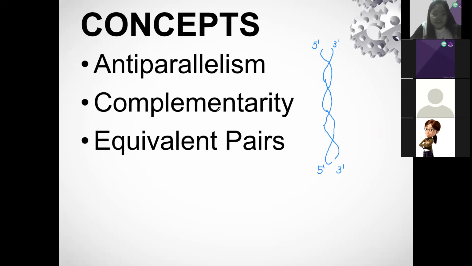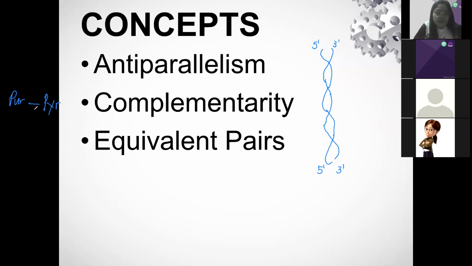Okay? Next, complementarity. For complementarity, ito yung rule natin that for nitrogenous bases, it will always be purine combining with pyrimidine. Okay? That's complementarity. And then lastly, we have the equivalent pairs.